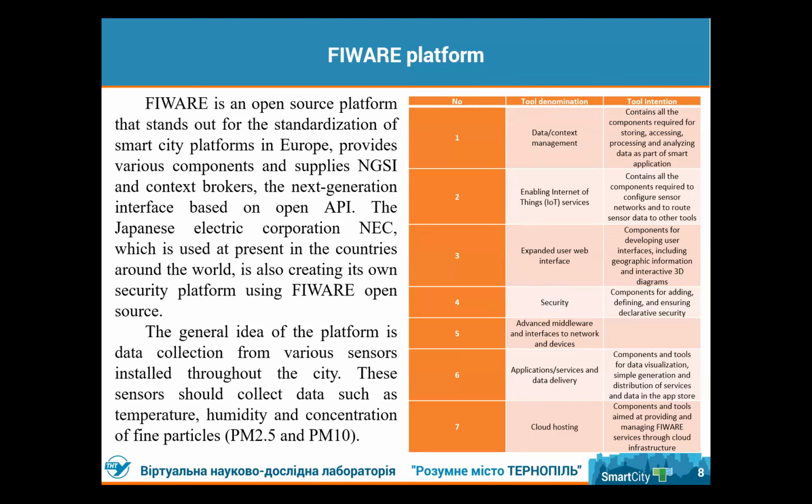The general idea of the platform is data collection from various sensors installed throughout the city. These sensors should collect data such as temperature, humidity, and concentration of fine particles, PM2.5 and PM10.